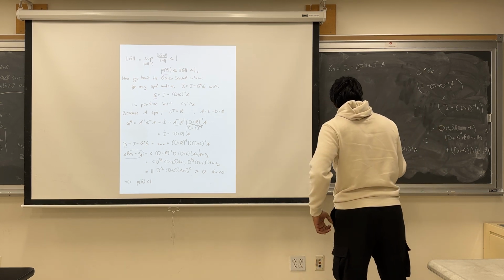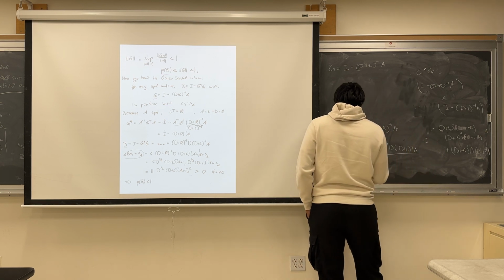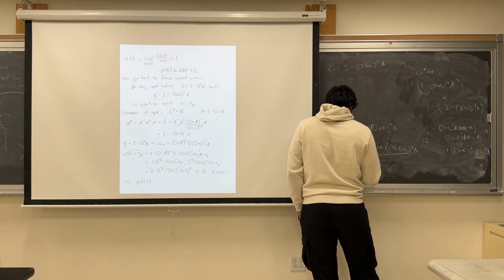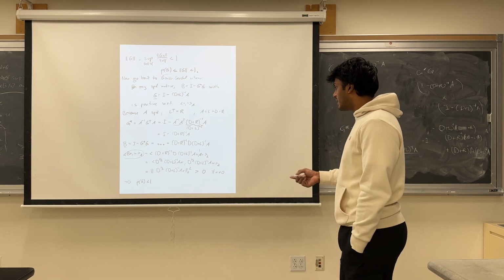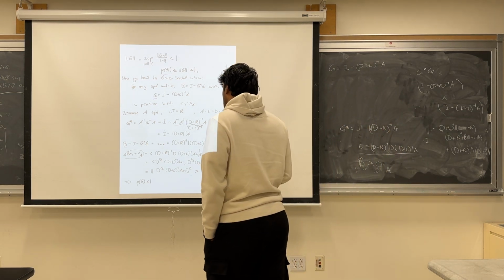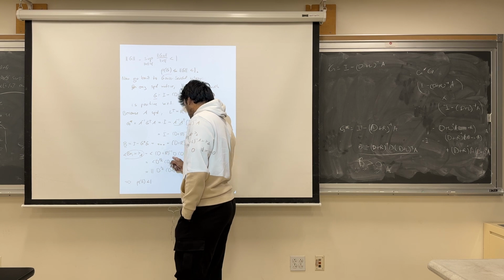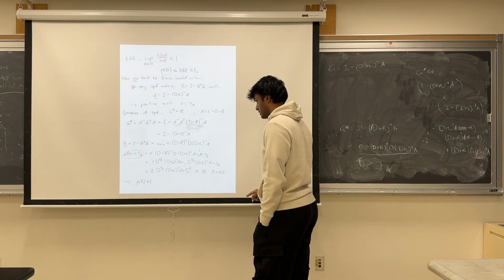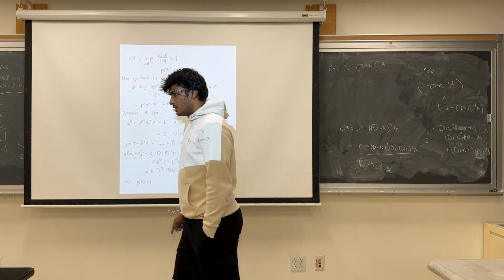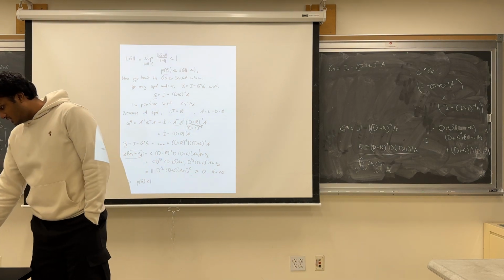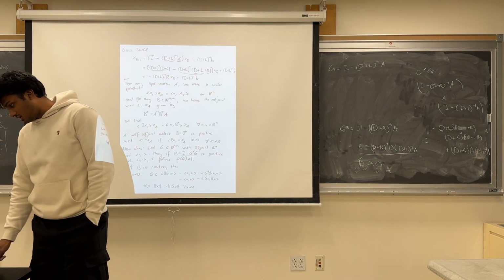The entire calculation just says that B is positive in the A inner product. In fact, B is positive overall here in the two inner product, and therefore rho of G is less than 1. So was this the case?